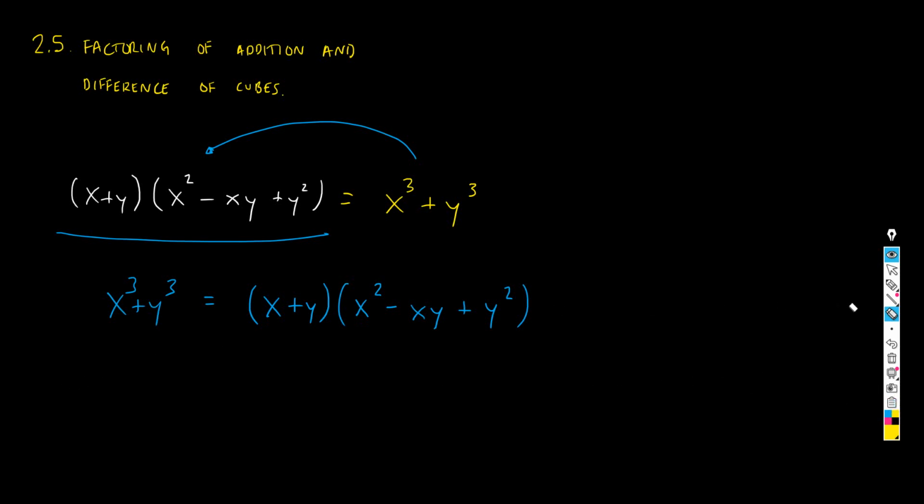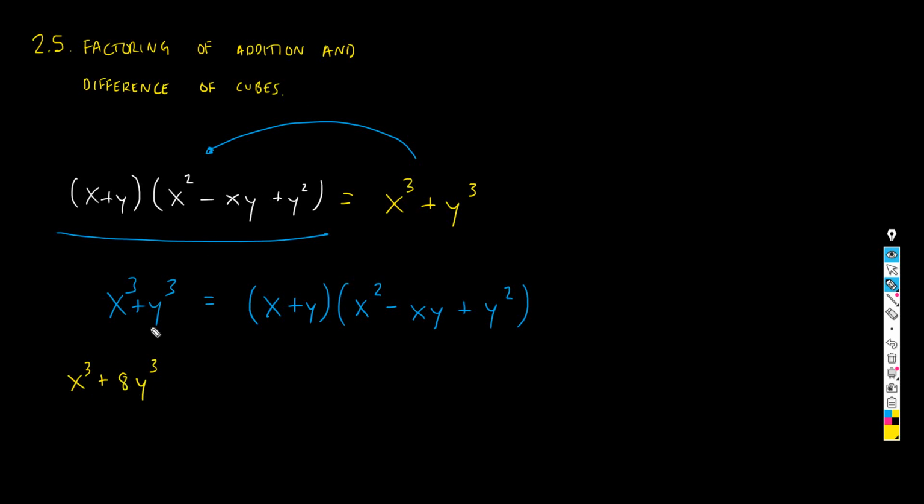Suppose that I give you this problem. X to the cube plus 8y to the cube, and the problem is to factorize this addition of cubes. Now first, how do I make sure that this is in fact an addition of cubes?